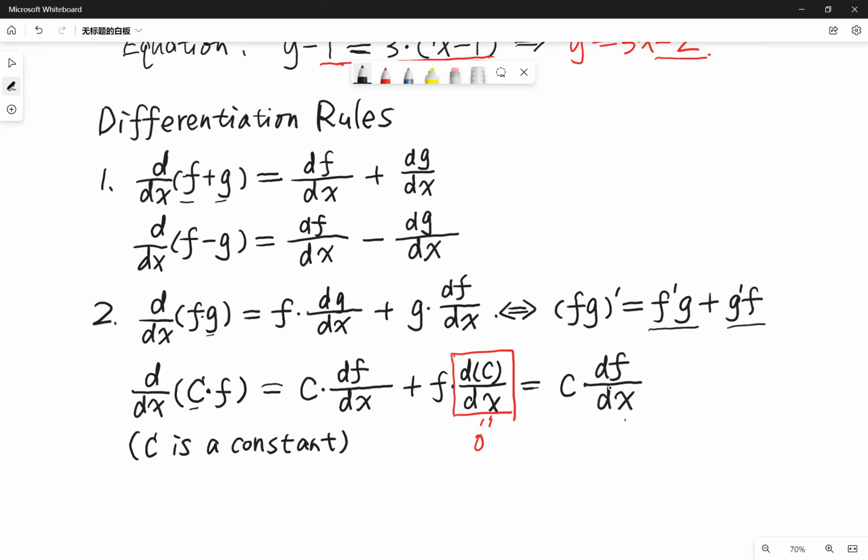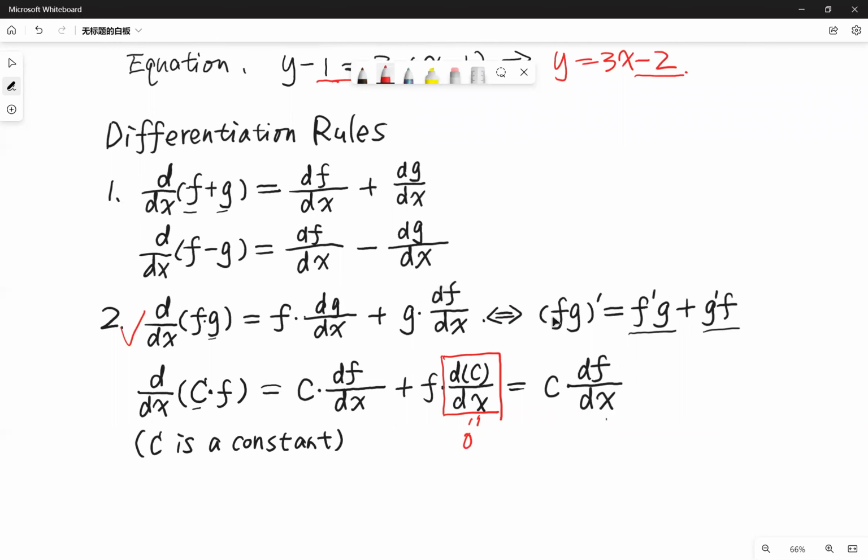And when there are two functions, there are two factors here. And when there is a constant, one of them is equal to 0. This is a special case of the product rule, and you should remember these rules.